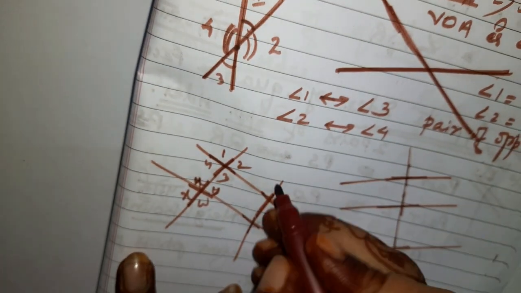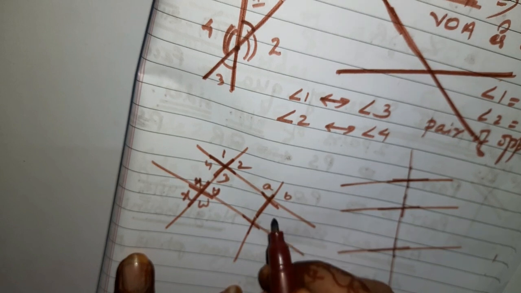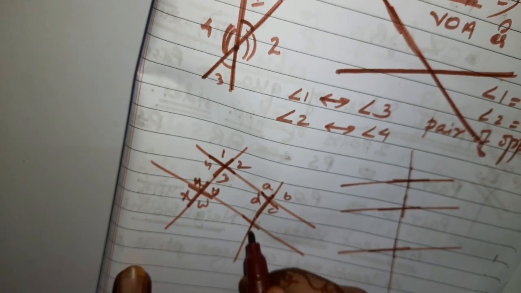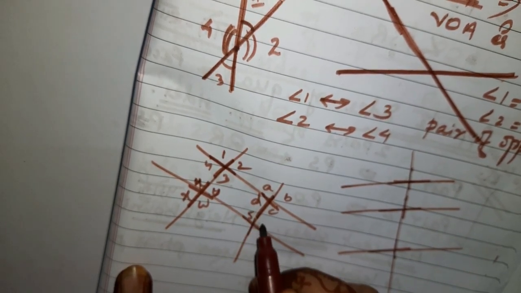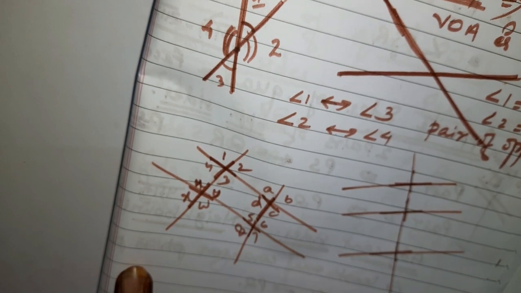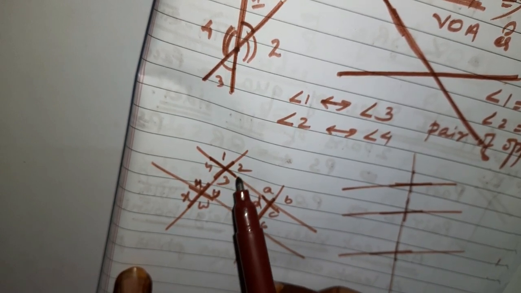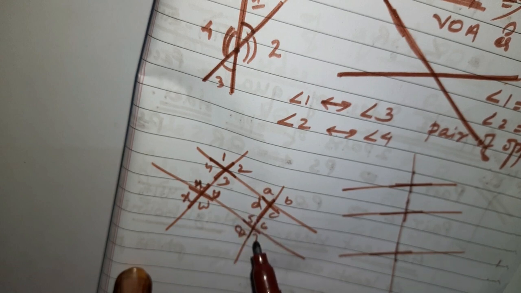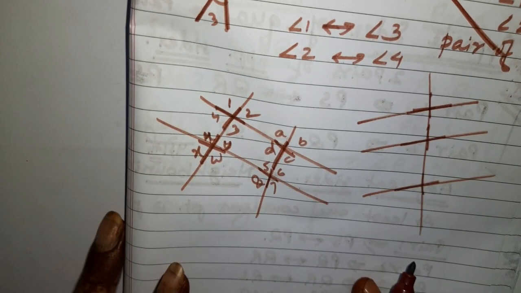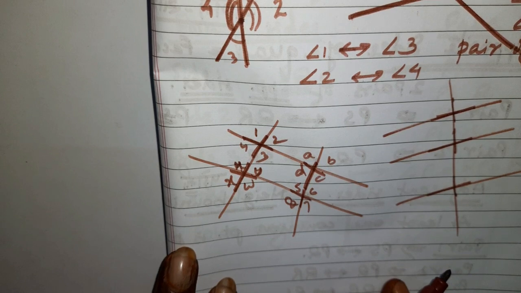Let's take a, b, c and d, and say 5, 6, 7, 8. Now you can see 4 plus 4 plus 4 plus 4, that means 12 angles are formed here, right?